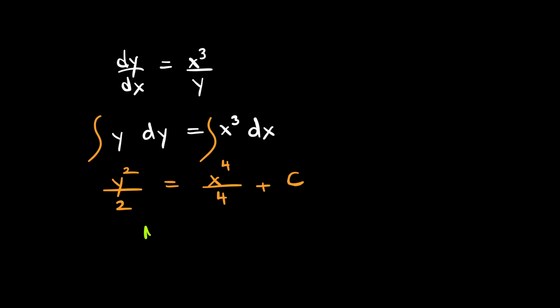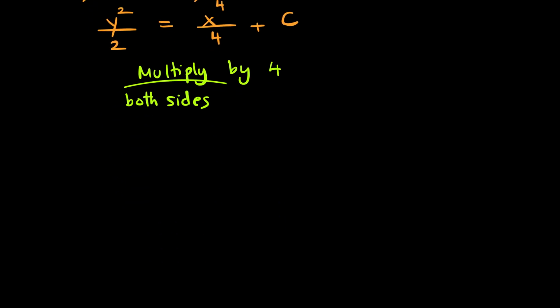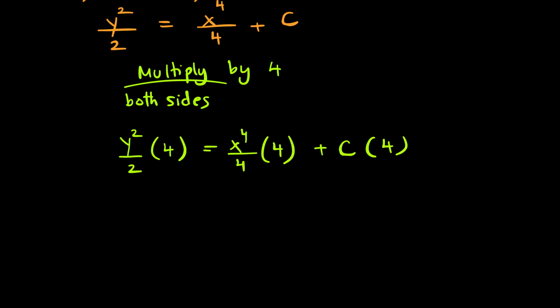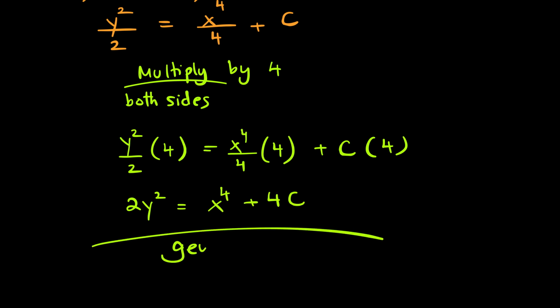Let's multiply throughout by 4. When we say multiply, we definitely mean both sides of the equation. So y squared over 2 multiplying with 4, x to the power 4 over 4 multiplying with 4, and c multiplying with 4. So we have 2y squared is equal to x to the power 4 plus 4c. This is again the general solution of the differential equation.